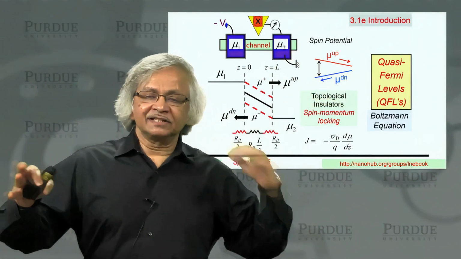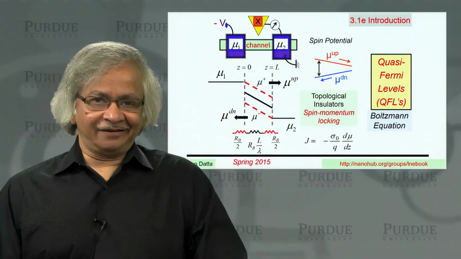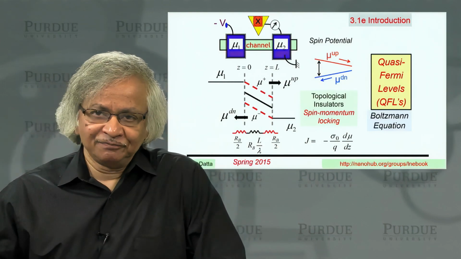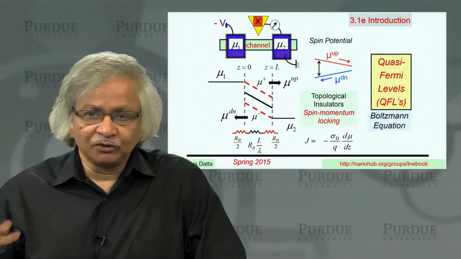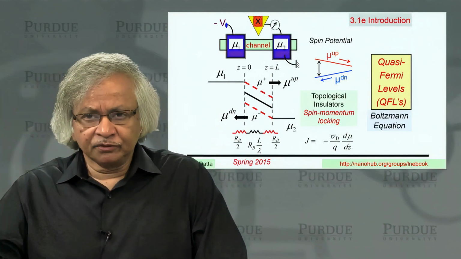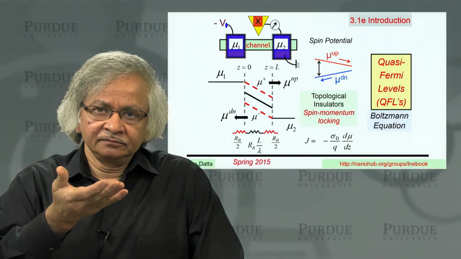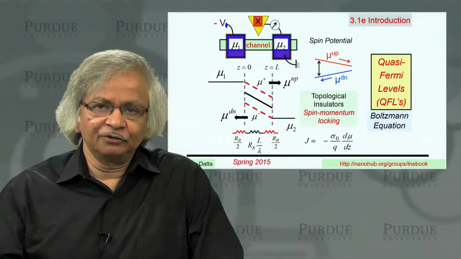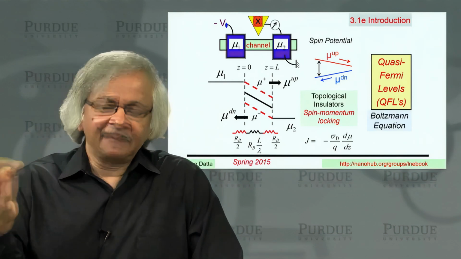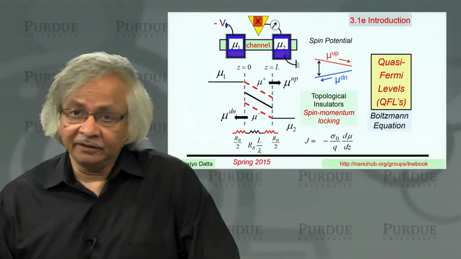Now, something like this is very hard to understand if you are thinking in terms of electrostatic potentials. Because after all, there's only one electrostatic potential. It either slopes to the right or it slopes to the left. And in terms of that, it's very hard to understand how one type of carrier could be going right and the other type of carrier could be going left.